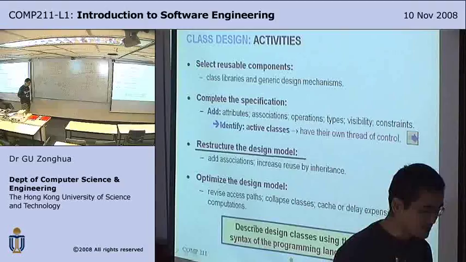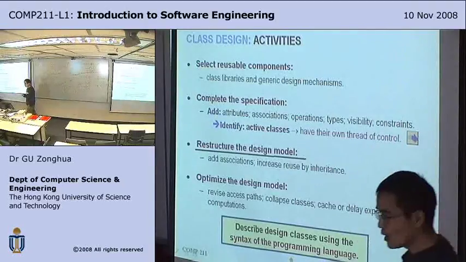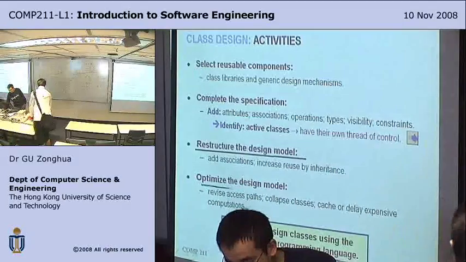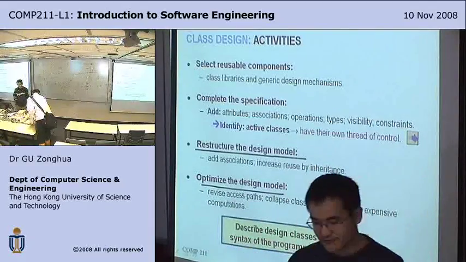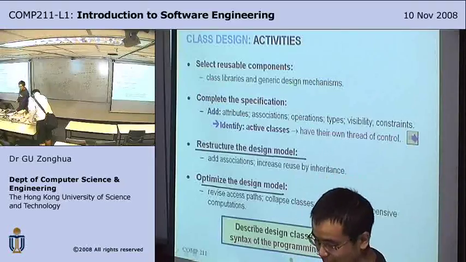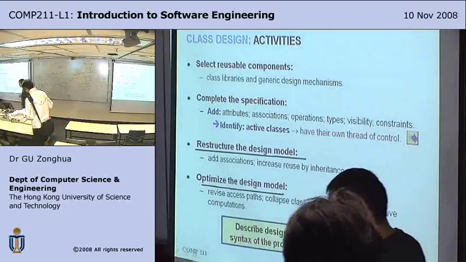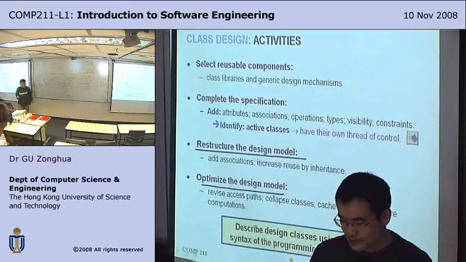That is, by producing a functionally equivalent design model while improving performance, or by, say, optimizing it by revising the access paths. If something is accessed frequently, then perhaps you should not jump through several hops to get to it. Perhaps you should add a direct link to it.